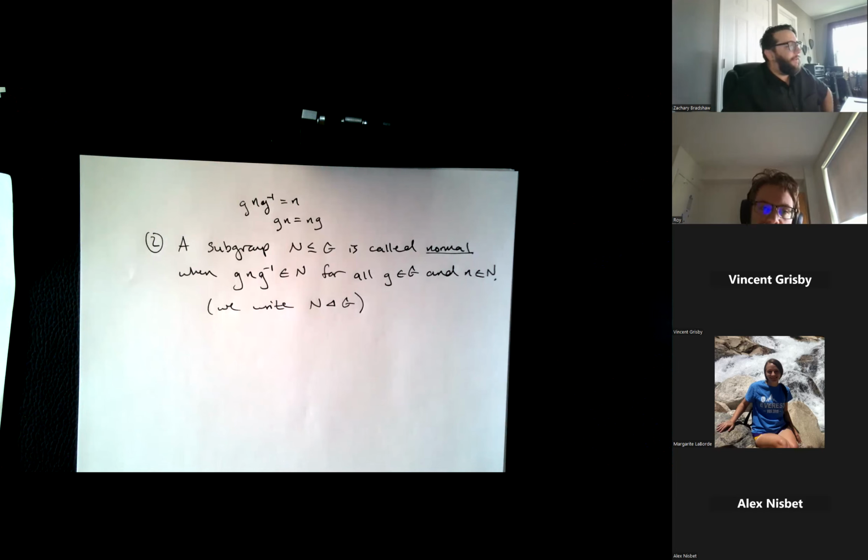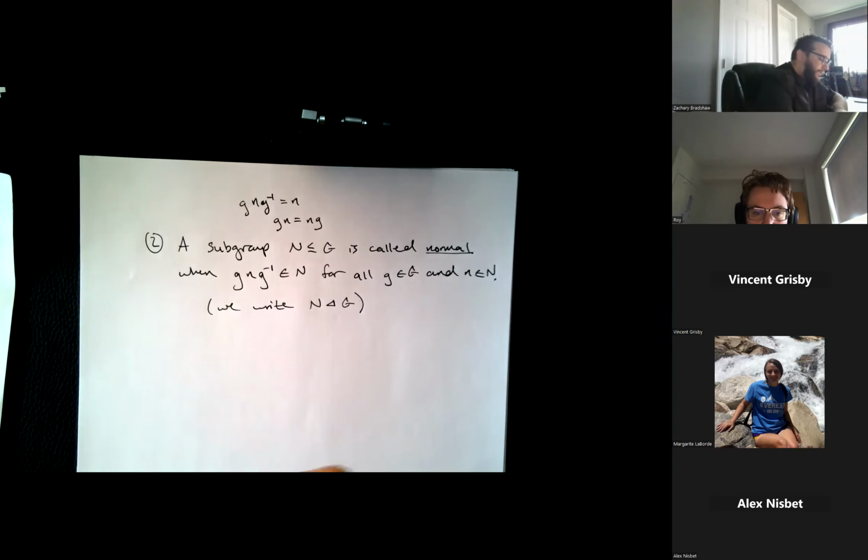But if G is commutative, well, N is a subgroup of G, and so this will be a normal subgroup. Okay, so if you have this property of being closed under conjugation, then you're normal.